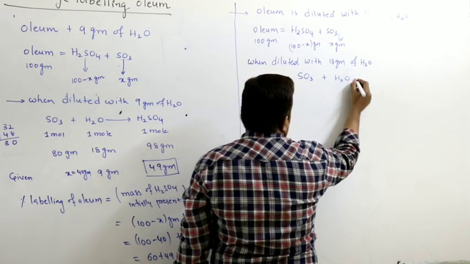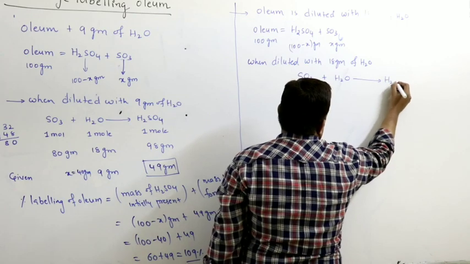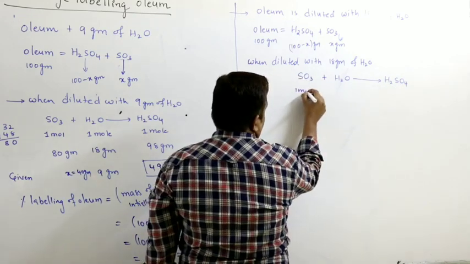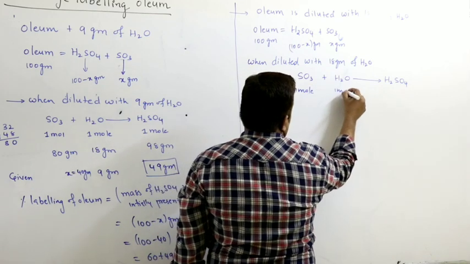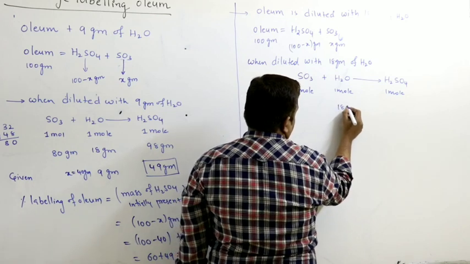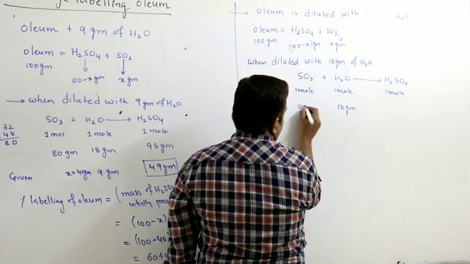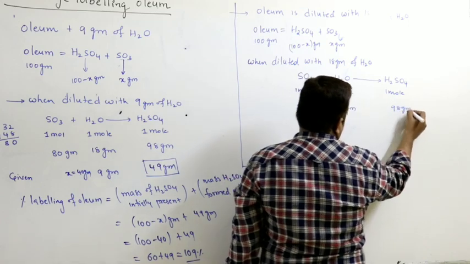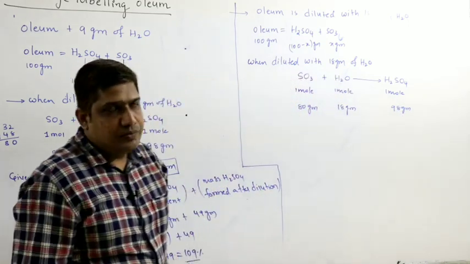SO3 plus water gives H2SO4. Same story, let us write 1 mole, 1 mole and 1 mole. So 18 grams of water requires 80 grams of SO3, and you will get 98 grams. This is the stoichiometric mole ratio.